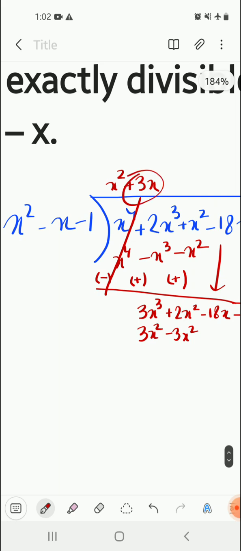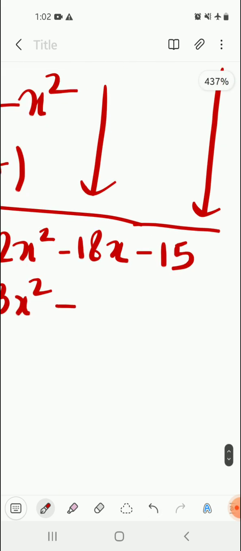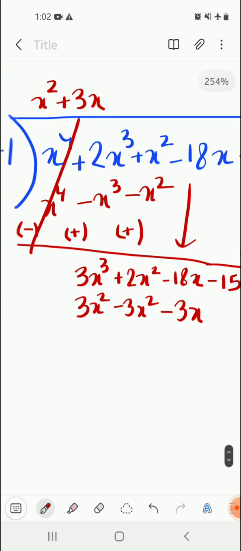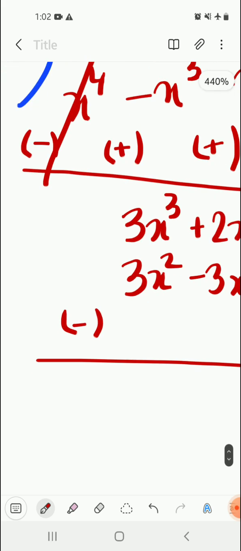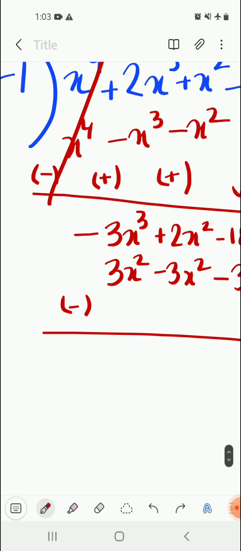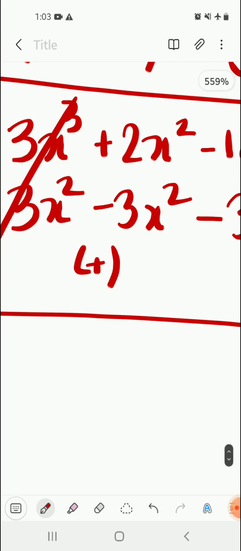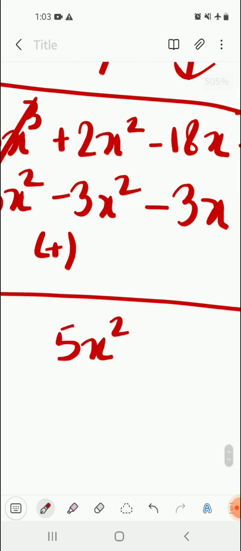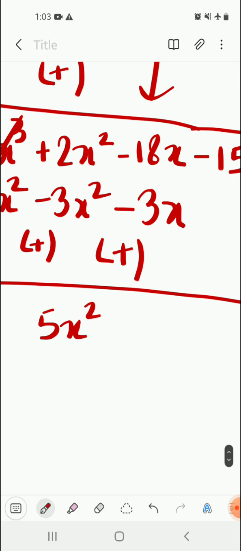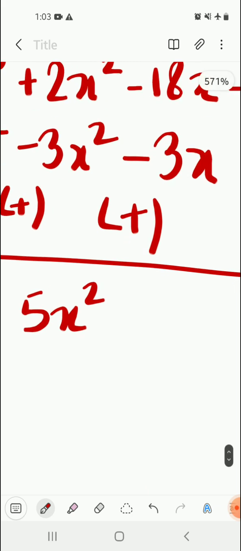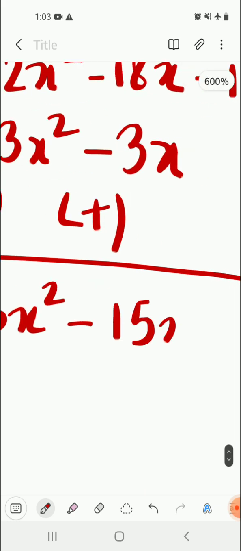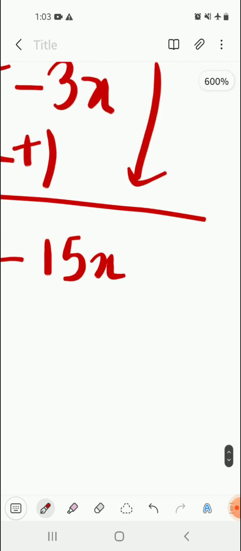Again, 3x into minus 1 would become minus 3x. Again, sign needs to be changed. It becomes minus. So plus 3x and minus 3x gets cancelled. This becomes plus. So 2x square plus 3x square becomes 5x square. Again, sign change. This becomes plus. So minus 18 plus 3 would become minus 15x. And this is moved as it is. That is minus 15.